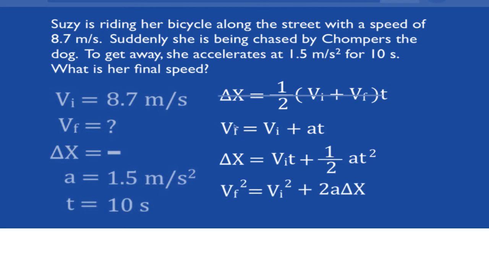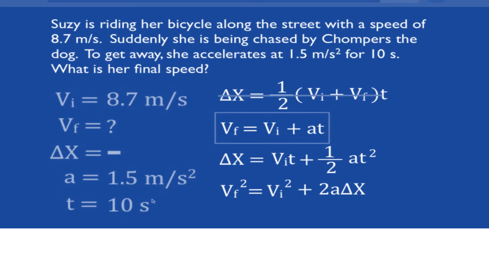No. Next equation: I am trying to solve for the final velocity, and this one has the final velocity. Do I know the other three variables? I do know the initial velocity. Yes, I do know the acceleration. Yes, I do know the time. So therefore I know that I can use this second equation.